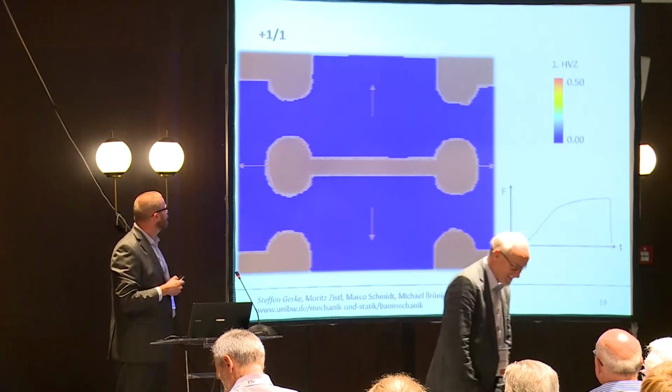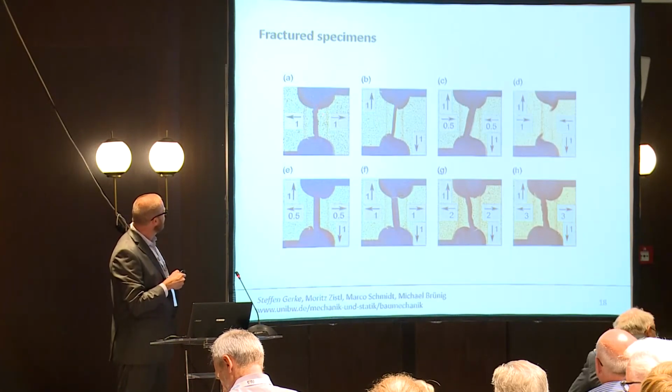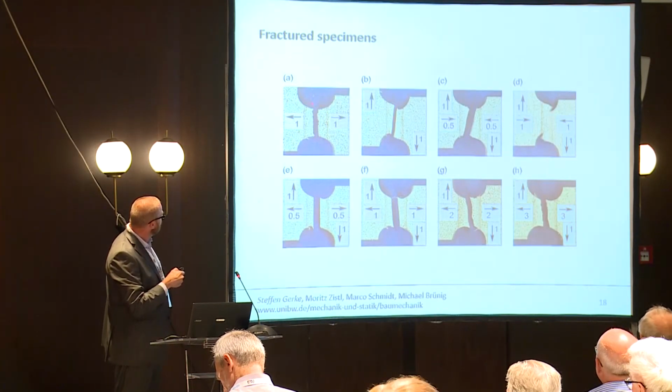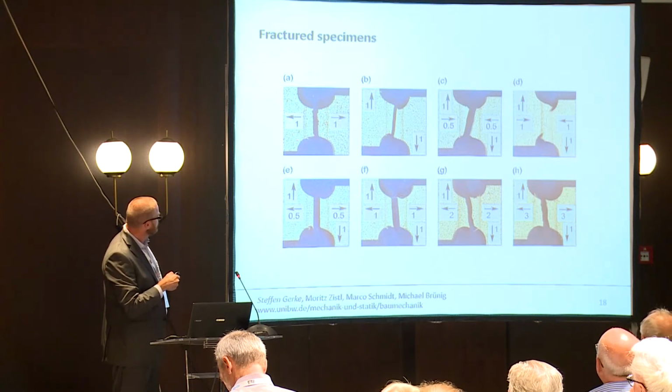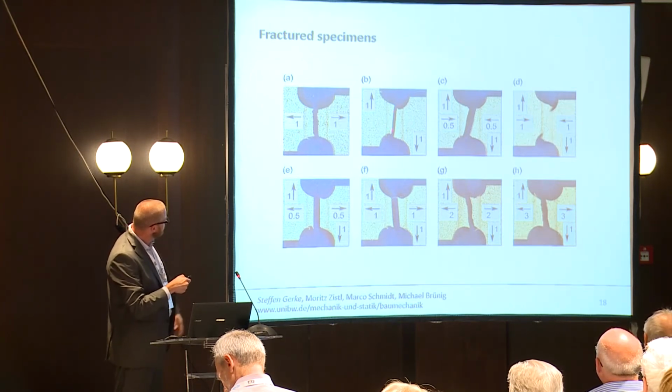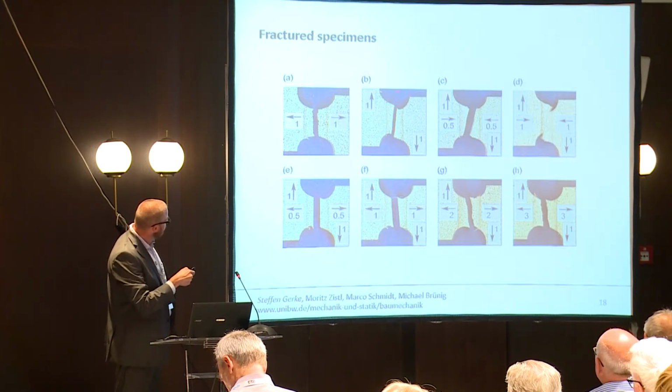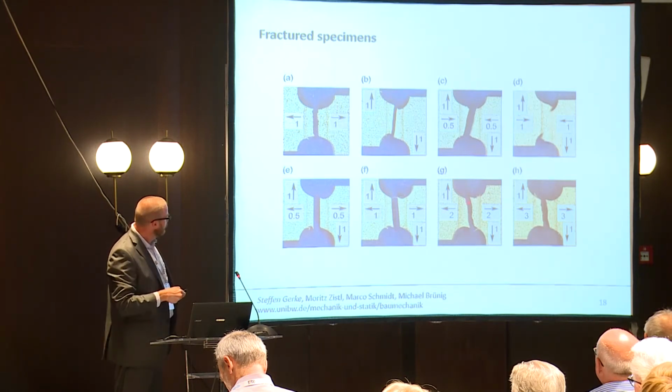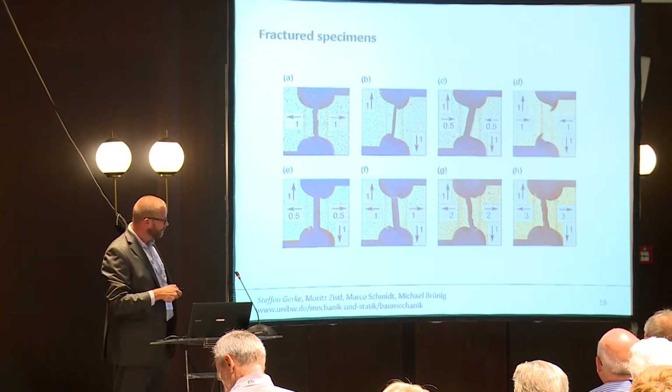Fracture surfaces. You can see here a very coarse or very rough surface under tensile loading, and it becomes more direct or more fine by shear loading. And also the direction changes.